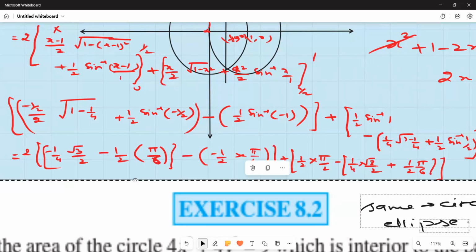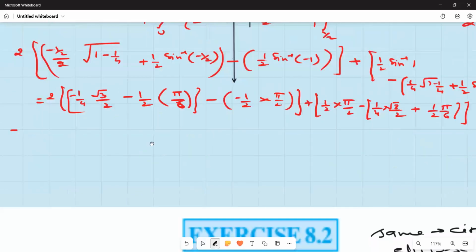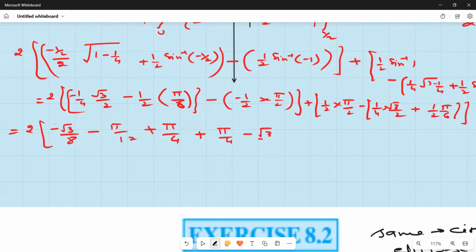So this is giving us twice of minus root 3 by 8 minus pi by 12 minus minus plus pi by 4 plus pi by 4 minus root 3 by 8 minus pi by 12. So what you are getting actually is root 3 is getting added.